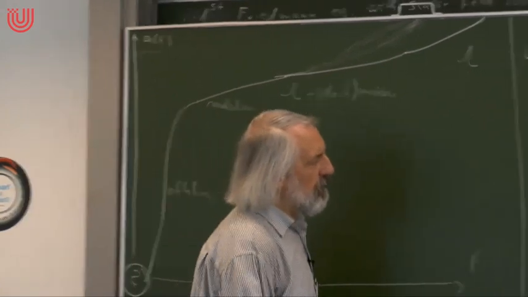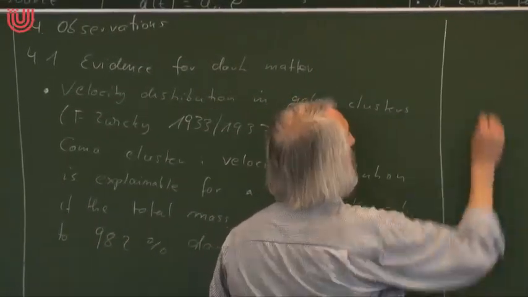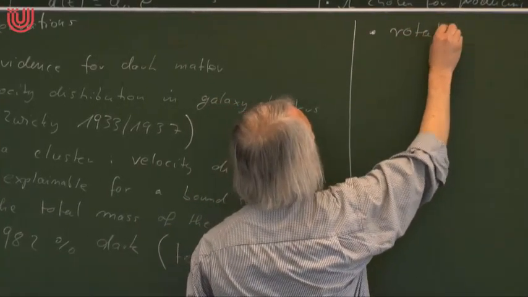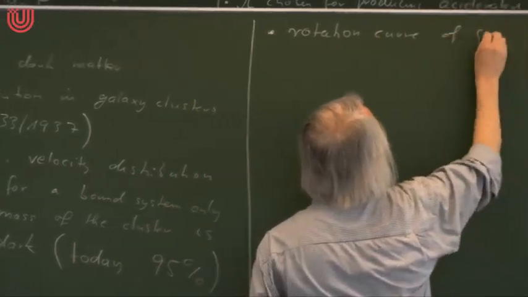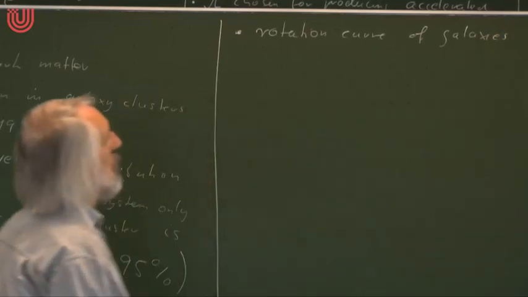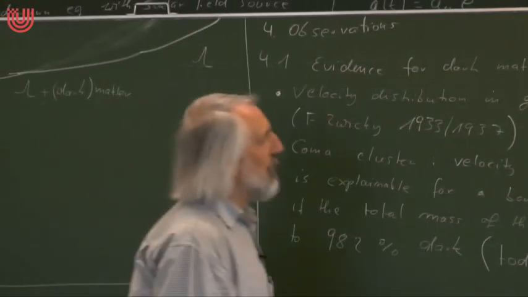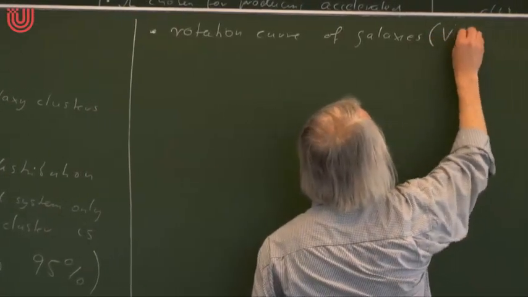So it became a matter of the general community in the 1970s. In the 1970s, the rotation curves of galaxies were investigated with incredible stamina by a lady with the name of Vera Rubin.